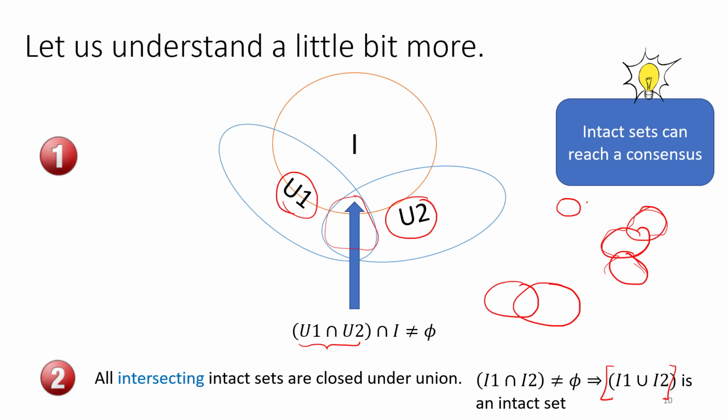So basically the only intact sets that will not reach a consensus along with the rest of the intact sets is if something is totally cut off. So what does it mean to be totally cut off? In the sense it doesn't have any intersection with the rest of the intact sets.